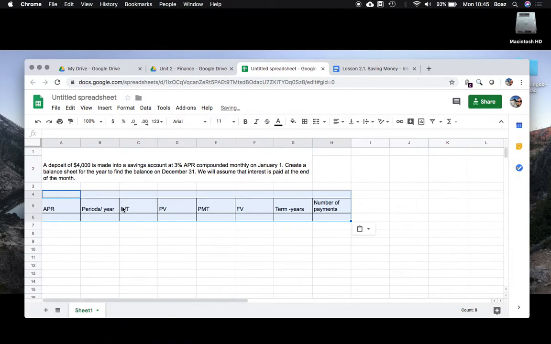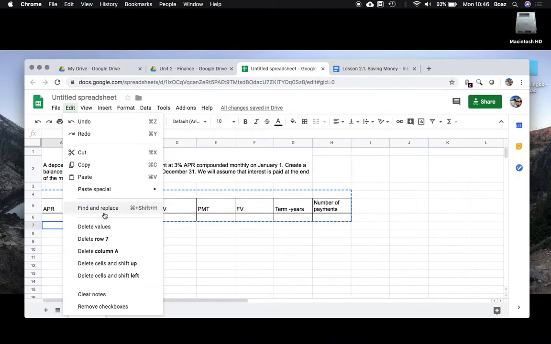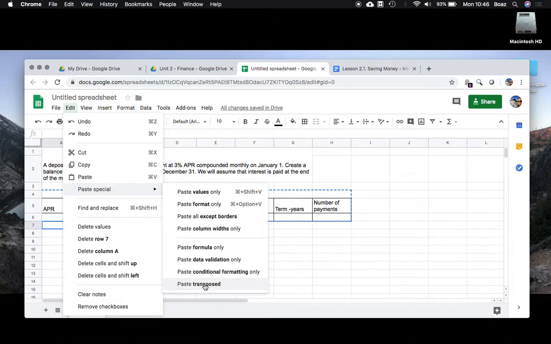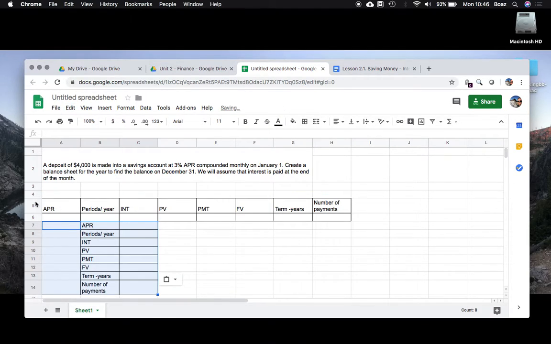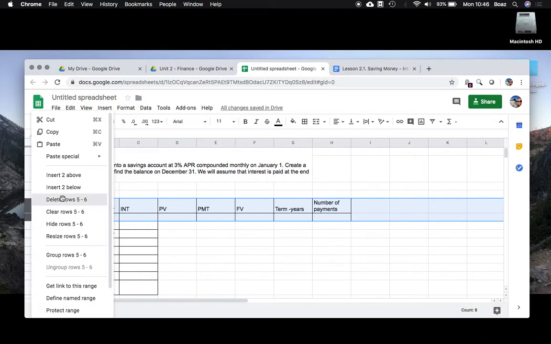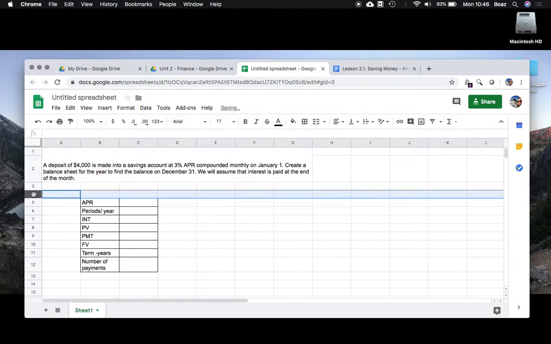And for the sake of compactness, a lot of times I'll put it in vertically. So I'm going to paste that transposed here. So I have a column then that contains all the necessary information, and I can delete this unnecessary row there.